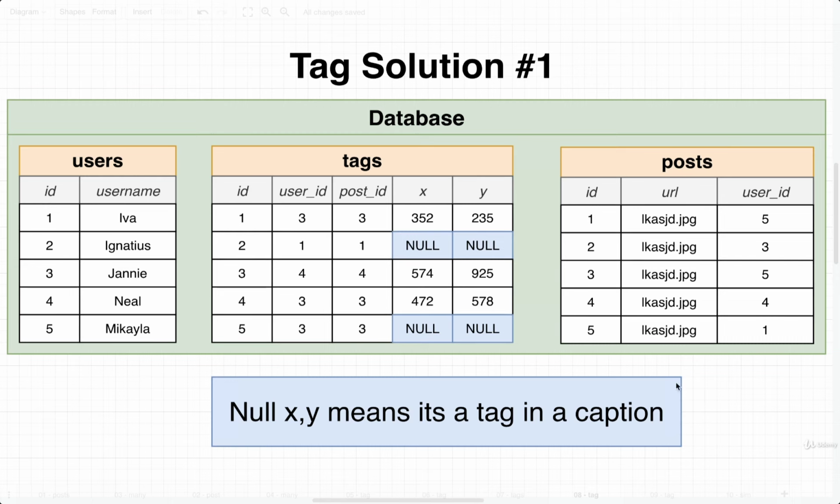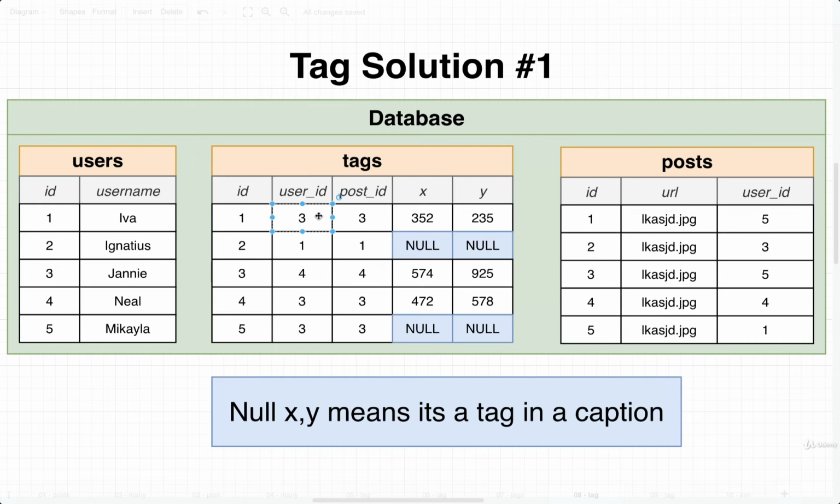In possible solution number one, we might have just one single table of tags to model a mention inside of a caption and mentions on a photo. And the way that we might distinguish between these would be the X and Y coordinate. So we could say that if we ever have a mention inside of a photo, then we'll create a record inside of tags.